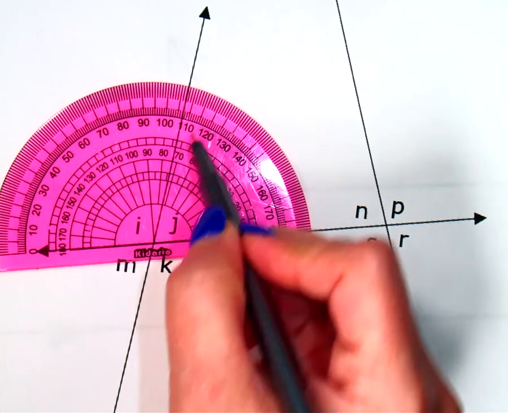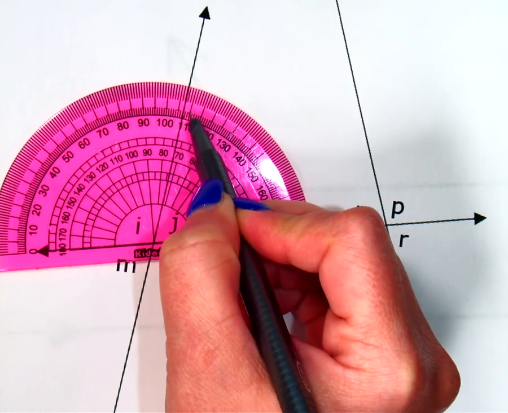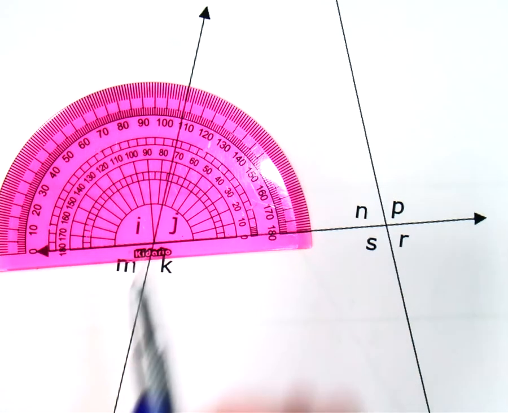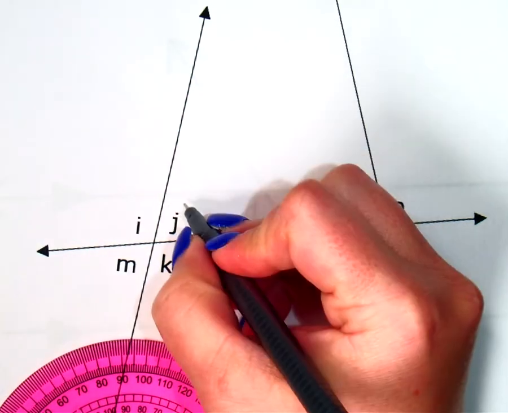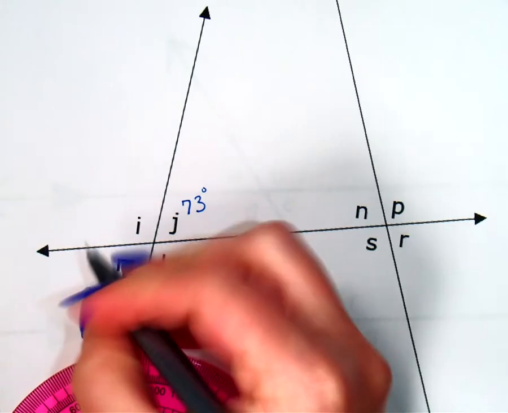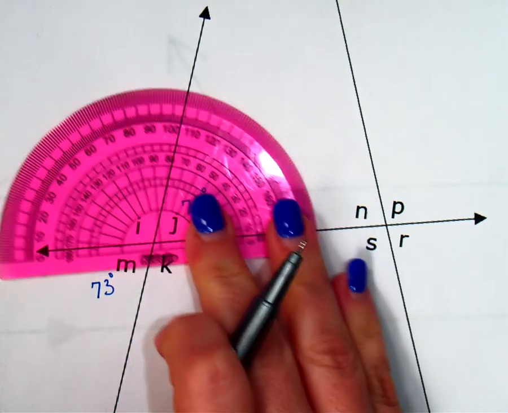And to see how many degrees past 70 it is, I'm going to come up here, and I know that 70 goes to here, and then it looks like it's about 3 tick marks further. So we're going to say that's 73 degrees on this side, which means I know it's going to be 73 degrees across from it, that vertical angle.